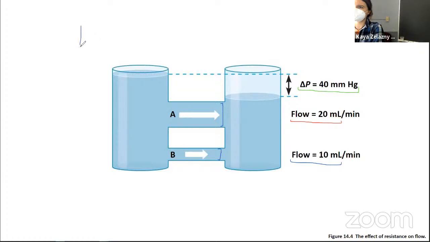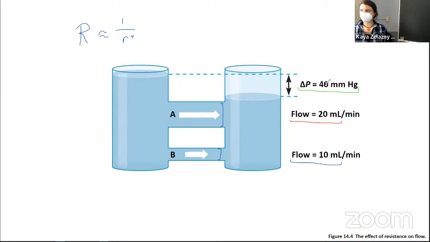That our resistance, which is our big R, right, was inversely proportional to our radius, right? So as we increase that radius for A, we have a bigger radius, meaning we're dividing by a bigger number, meaning we have a lower resistance.